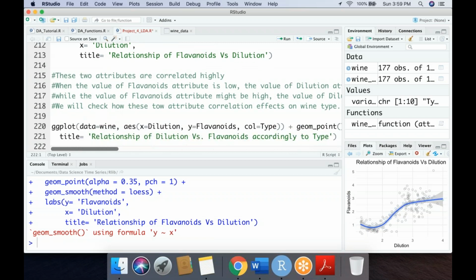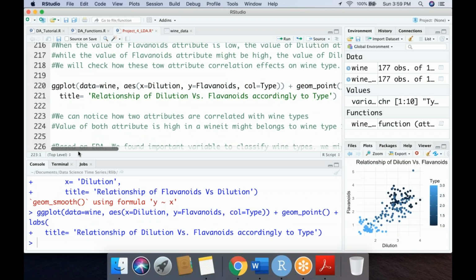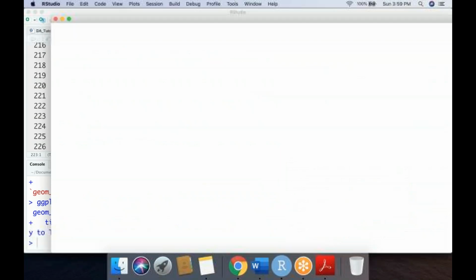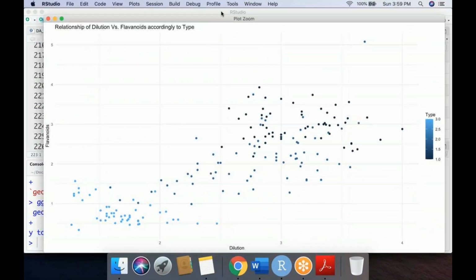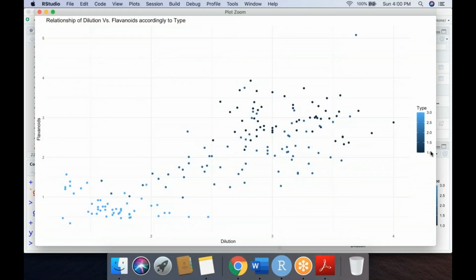Now we will check how these 2 attributes correlate with the effect of wine type. So just ignore 1.5 over here and 2.5 over here. Take 1, 2 and 3.